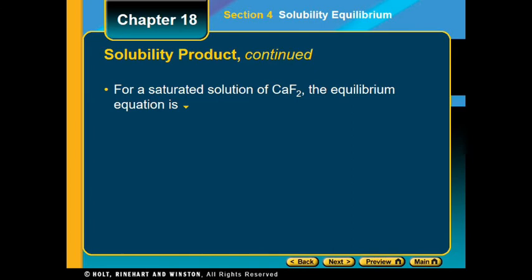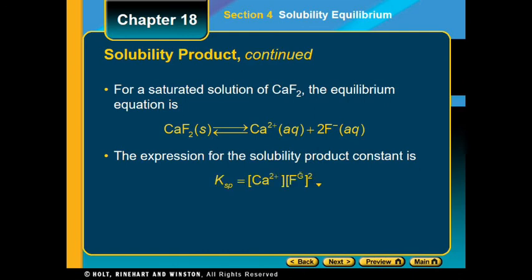For a saturated solution of calcium fluoride, this is what our equation looks like. Notice that we have 2 fluoride ions in solution for every 1 calcium ion. And the expression would look like this: F minus raised to the second power.